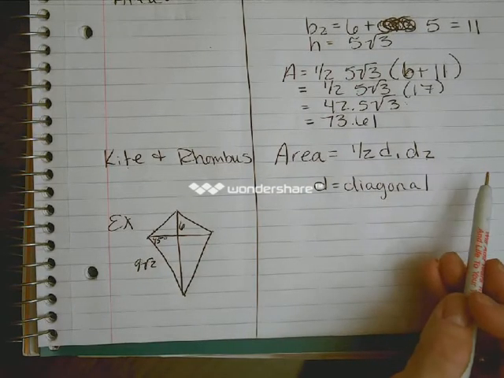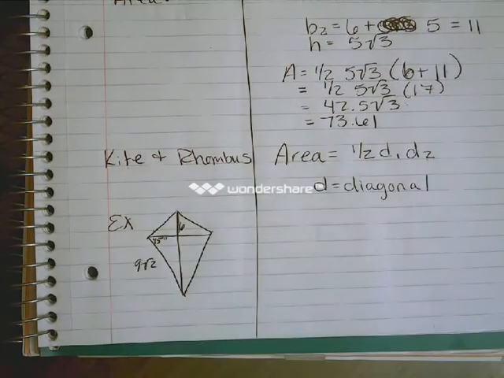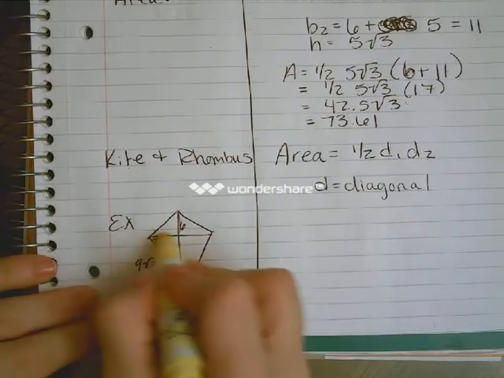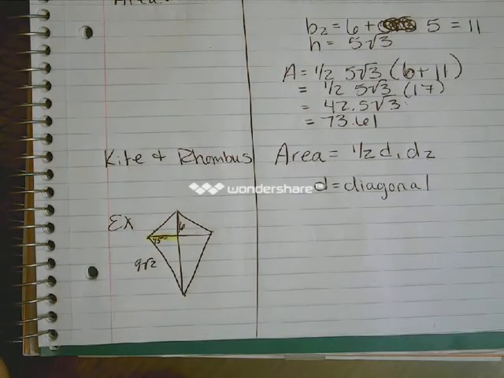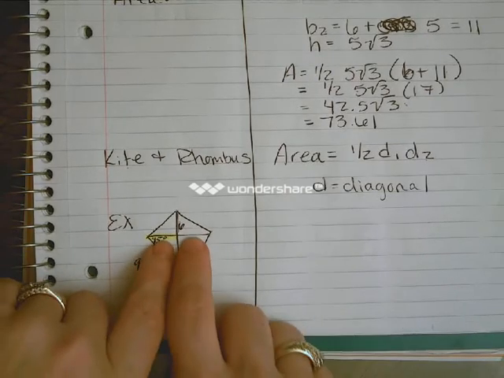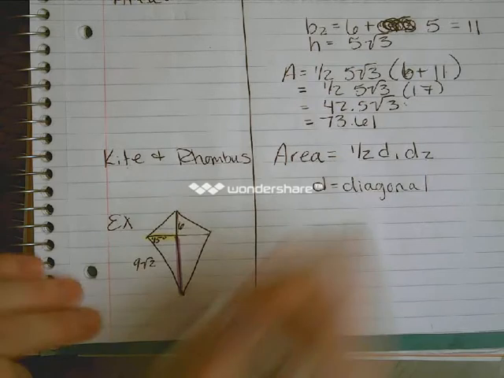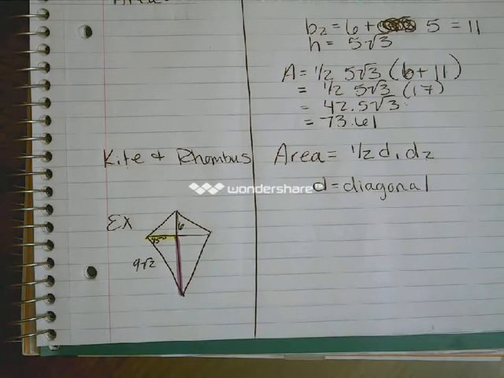So what I need is this section, and once I find that section, because the kite has symmetry, I can just double it. But then I also need this section to add to the 6, and that will get me both of my diagonals. Again, I have a special right triangle here.